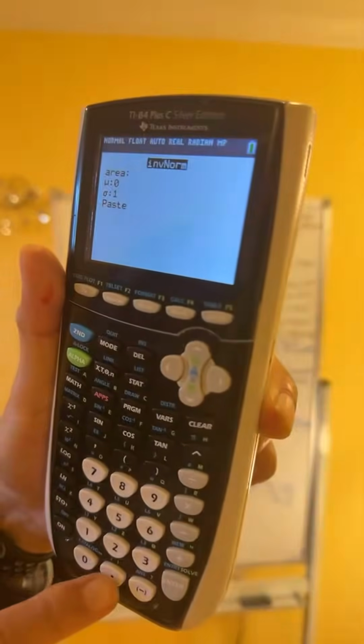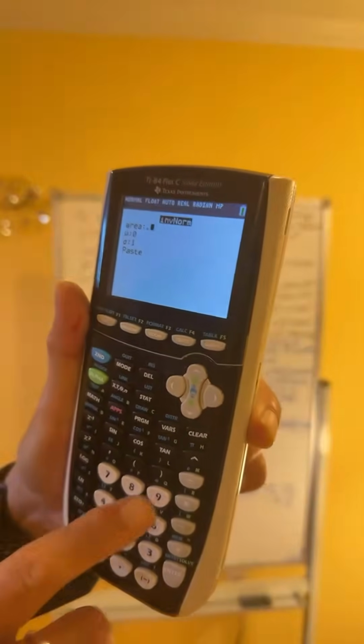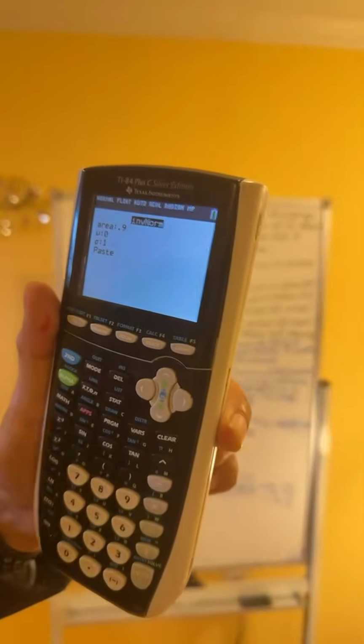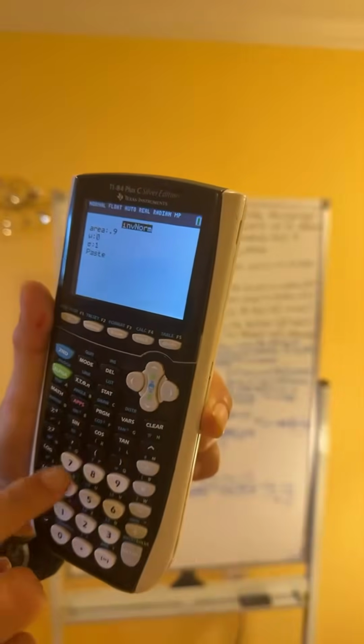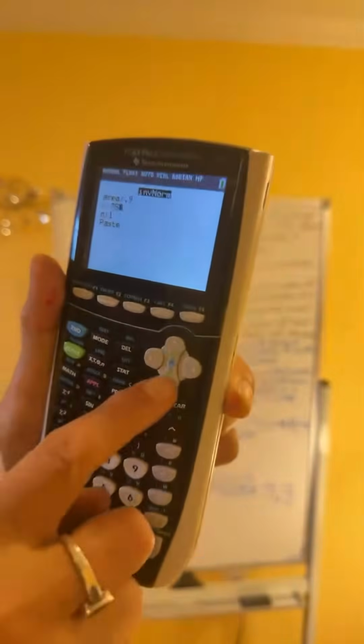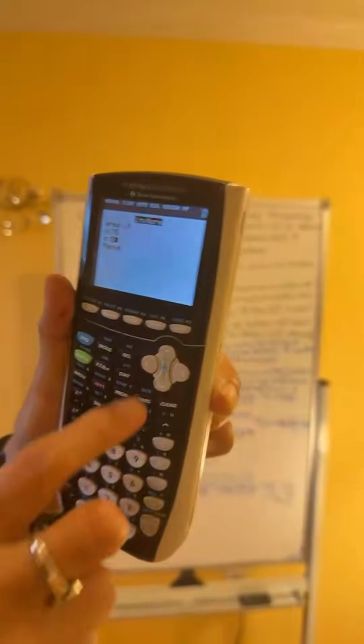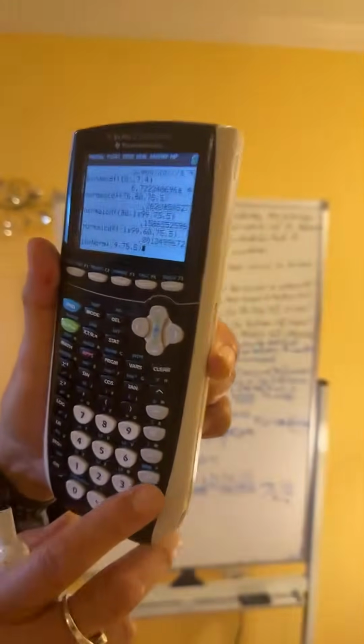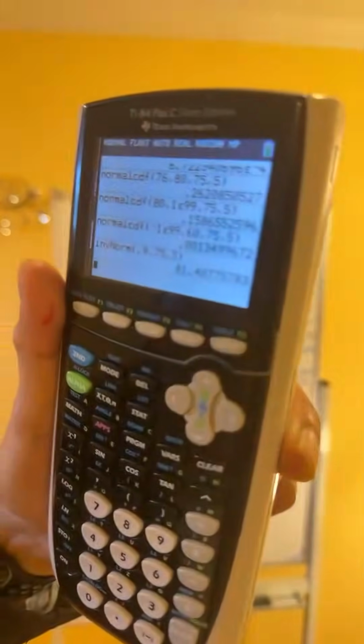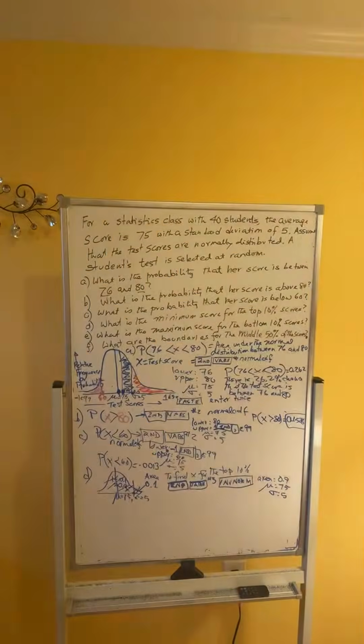It is asking for area. Area is 0.9 to the left of the unknown x. Mean is 75. Standard deviation sigma is 5. Paste, enter and enter. And the answer is 81.4.